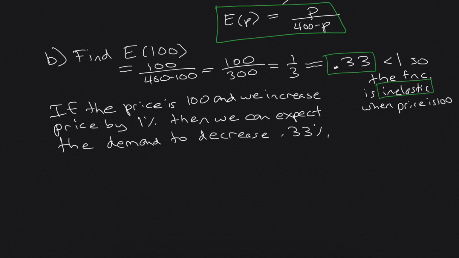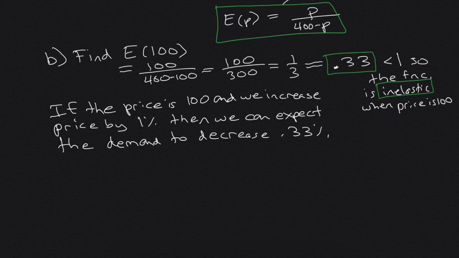So elasticity just kind of shows you how the price and the demand are related together when you make a small change in price. So if the price is $100 and we increase price by 1%, then we can expect the demand to decrease by 0.33%. Now, one thing that's a little confusing is we got a positive 0.33. Why is the demand decreasing?